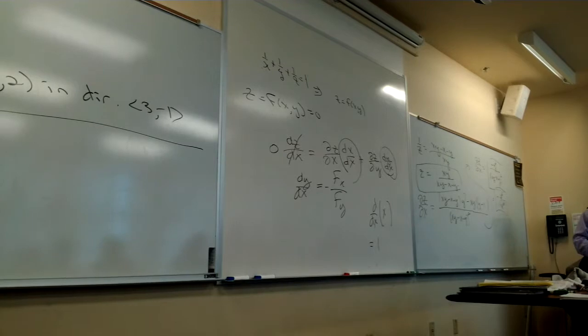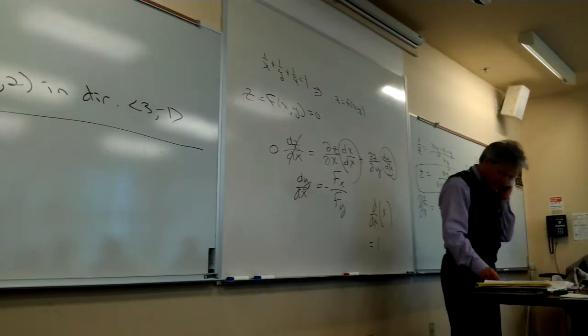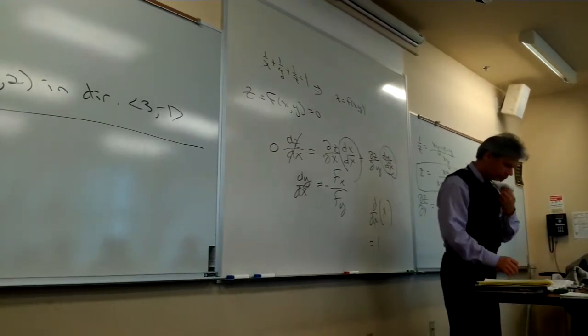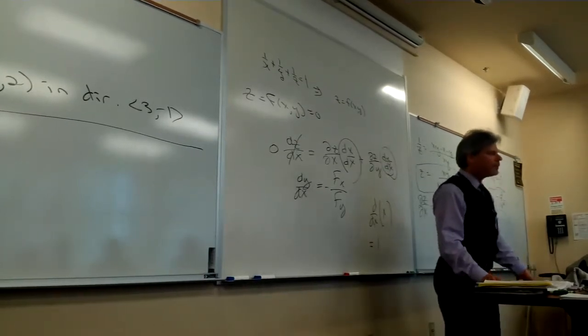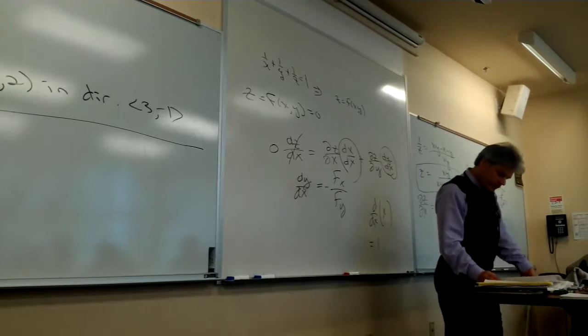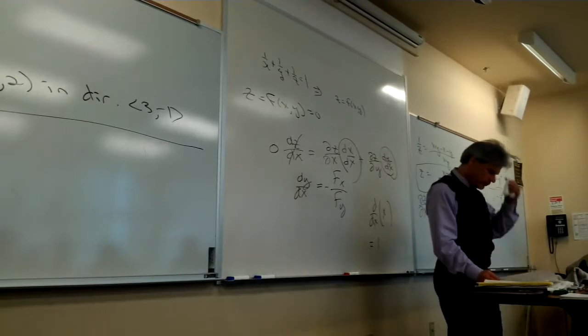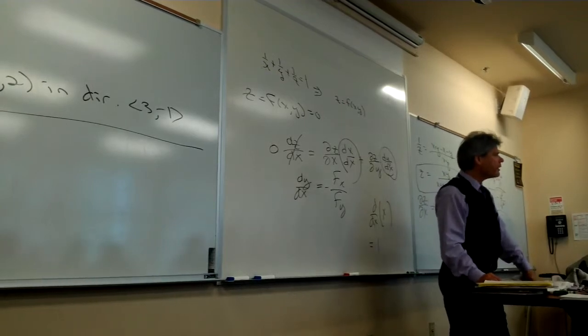I don't feel like any of the homework was on implicit differentiation. Section 12.5? If I said implicit differentiation, I mean the chain rule. Does someone need to know implicit differentiation? Not necessarily, because you can get around it.